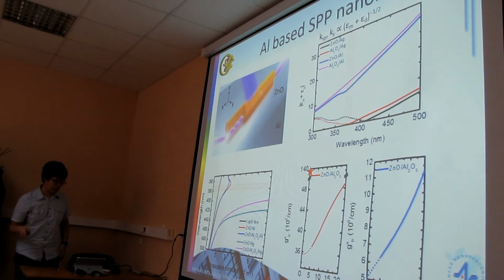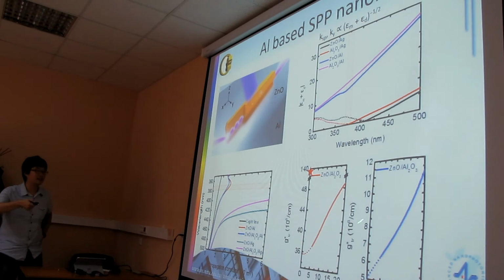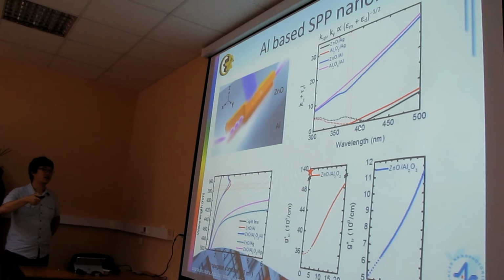This is zinc oxide placed on silver with an inserted aluminum oxide layer, and this is zinc oxide placed on aluminum with aluminum oxide, and this is the width of the aluminum oxide.